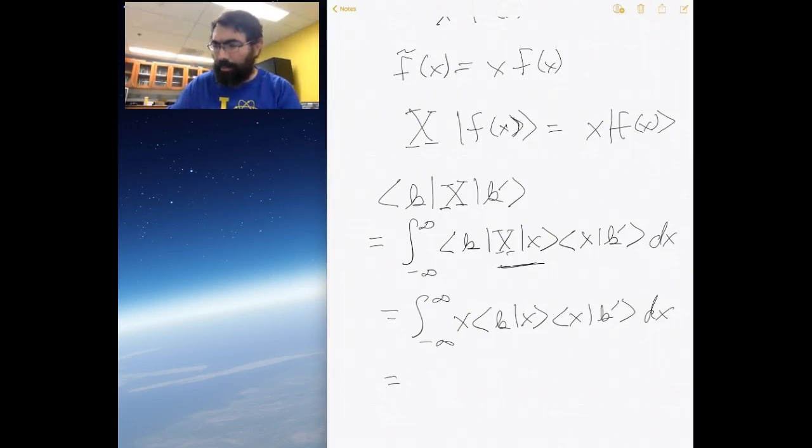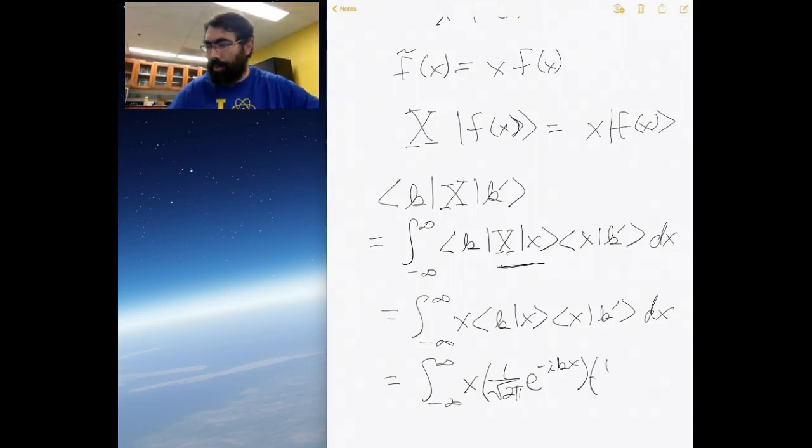Okay, so now I can replace the products of K and x and K prime with that exponential wave function. So I get x, this would be 1 over the square root of 2 pi e to the minus i kx, times 1 over the square root of 2 pi e to the positive i k prime x, integrated over dx.